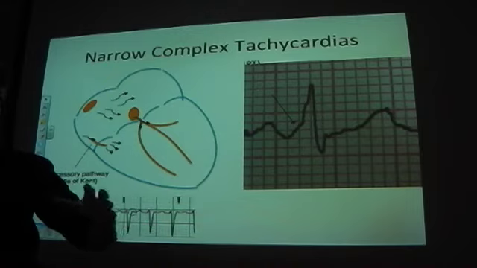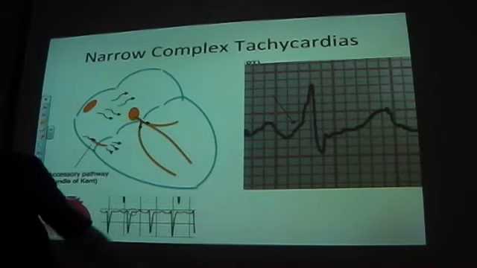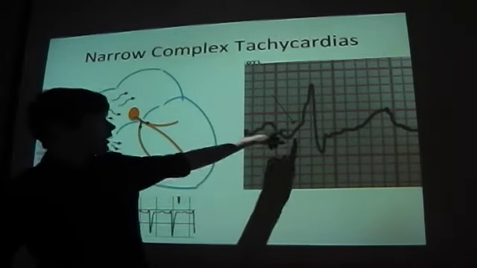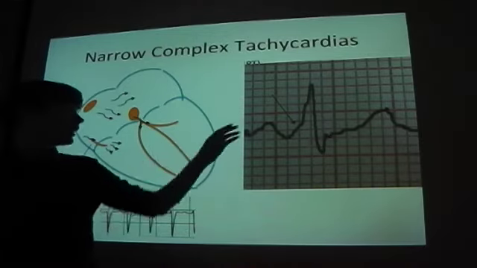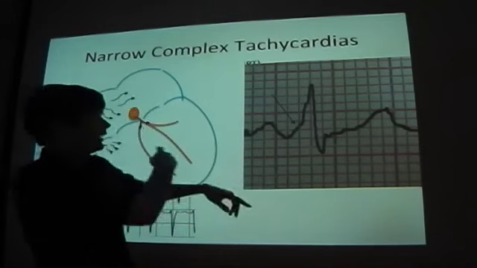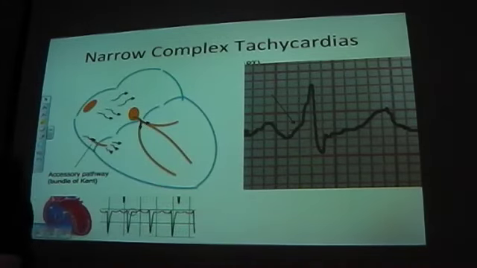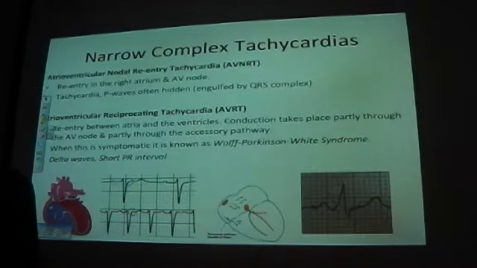You start getting depolarization quicker with this bit of the delta wave, but then the rest is activated by the normal conduction. That's why you get this swooping delta wave, because it's activated in the same way but at different speeds. I don't know if that makes sense, but yeah.